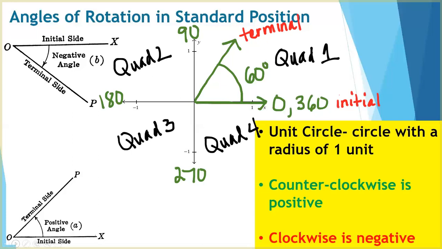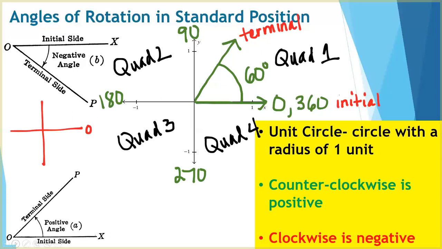So what I wanted to do today was simply sketch some angles to see if you can determine which quadrant it would fall in. Off to the side, I'm going to sketch another coordinate plane as your reference.